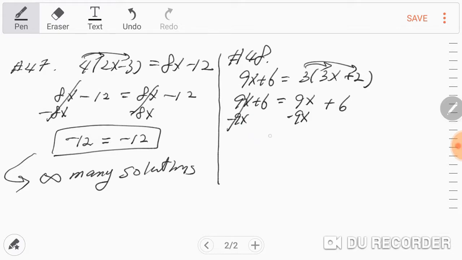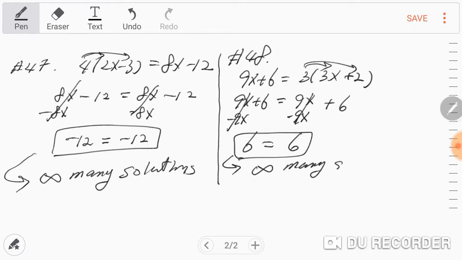Then 9x cancels out, 6 equals 6. This equation is true, always true, which means there are so many solutions. There are infinitely many solutions. All real numbers are the solutions. Plug in any value of x, then the equation will be true, always true.